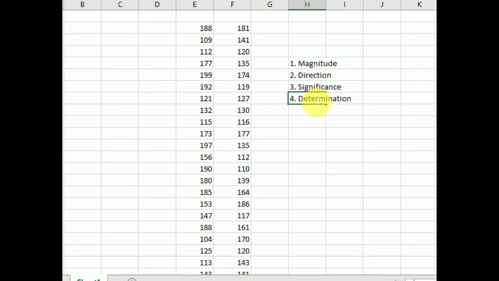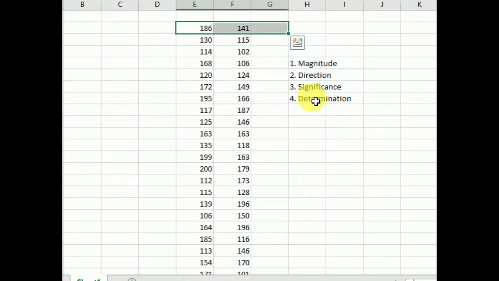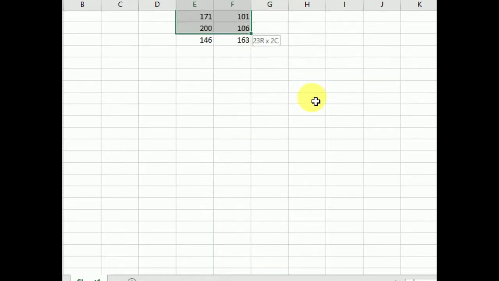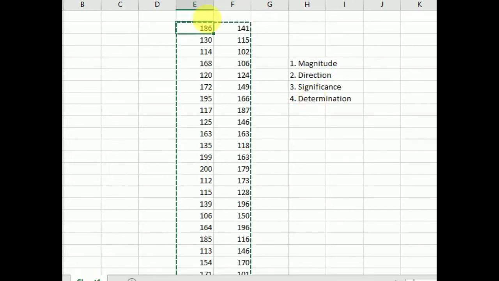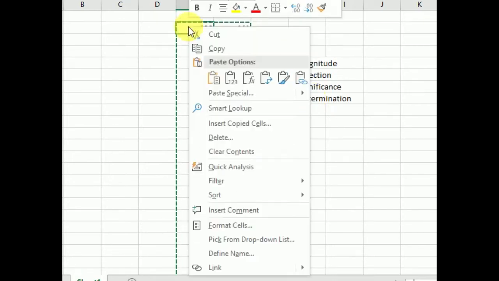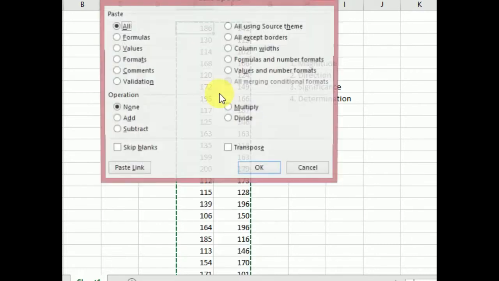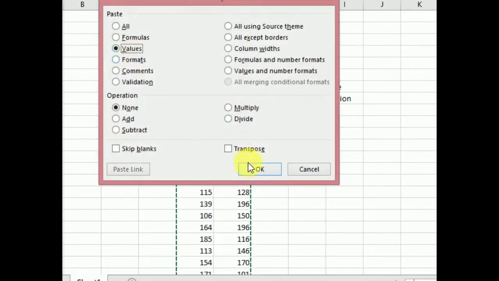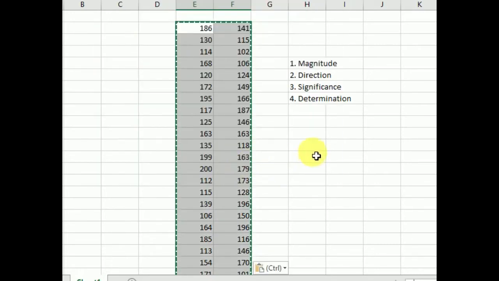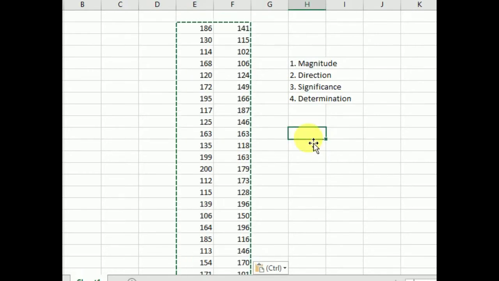Alright, so I have here two arrays of totally random numbers. And we're going to calculate the correlation coefficient, and we'll apply what I'm telling you here.